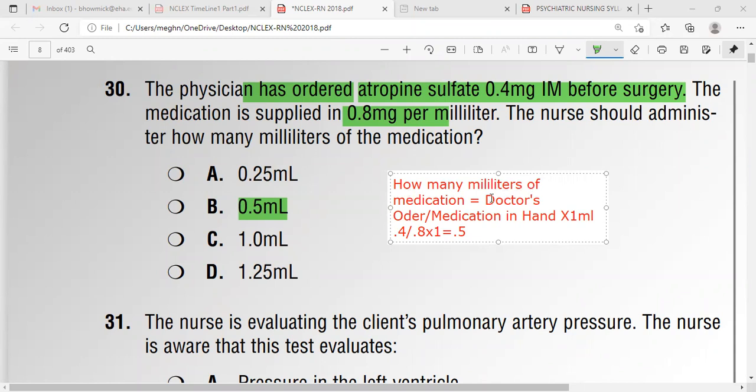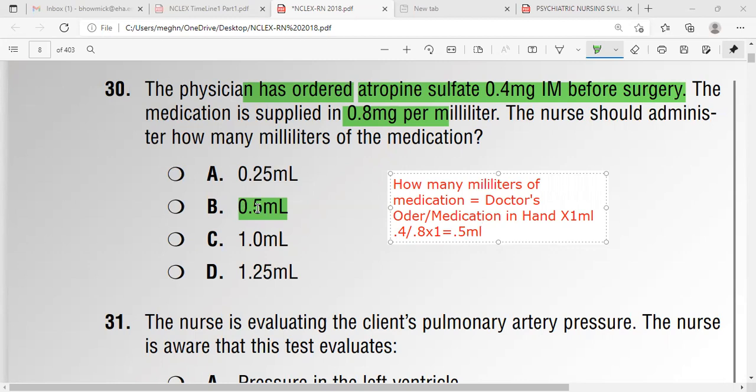How many milliliters of medication do we need? It is equal to the doctor's order, here the physician has ordered atropine 0.4 milligram, divided by the medication in hand, 0.8 milligram, multiplied by 1 ml. So 0.4 divided by 0.8 multiplied by 1 is 0.5 ml. So this is the answer.